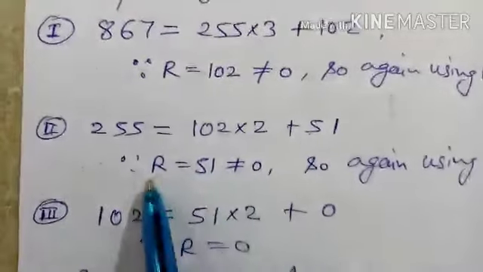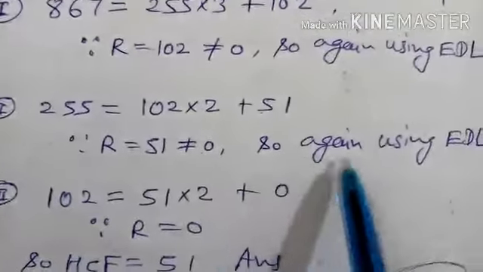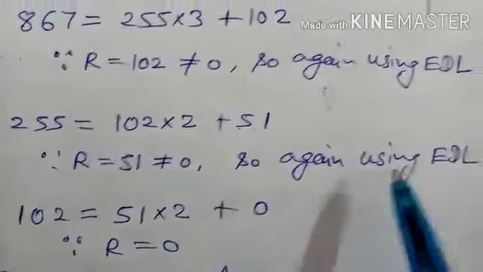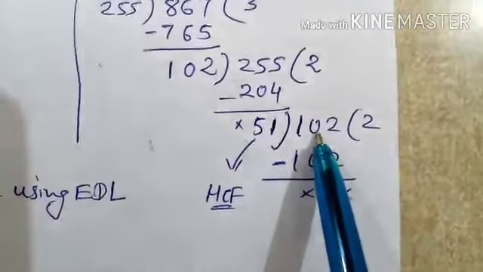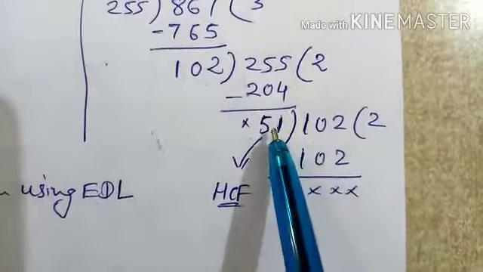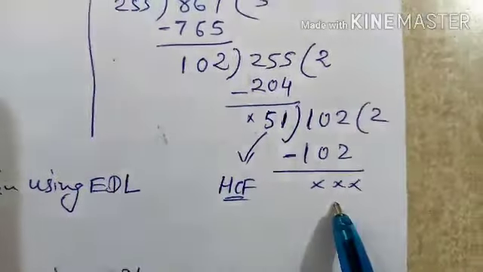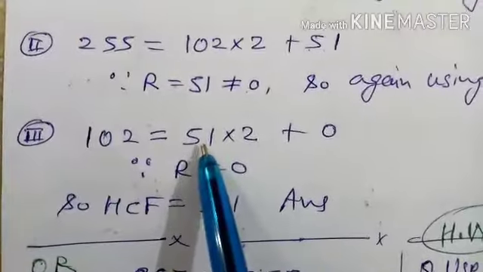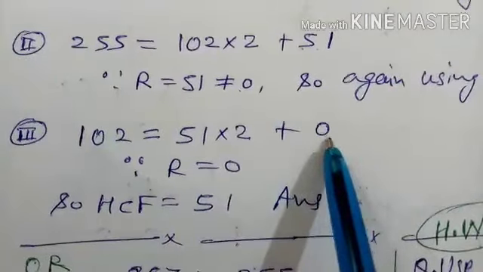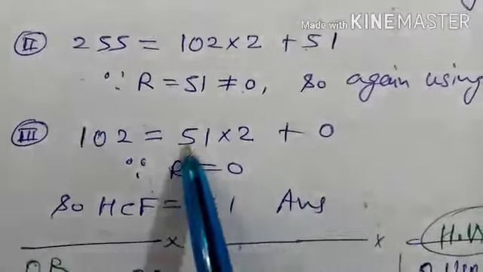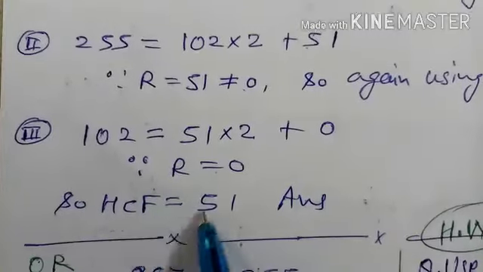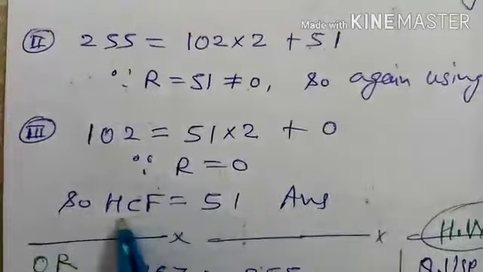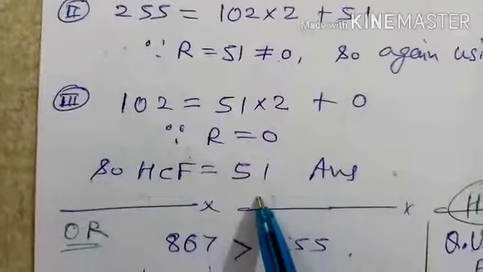Since the remainder is 51, which is not equal to 0, again using EDL: 102 is equal to 51 into 2 plus 0. Since the remainder is 0, the last divisor 51 is the SCF.